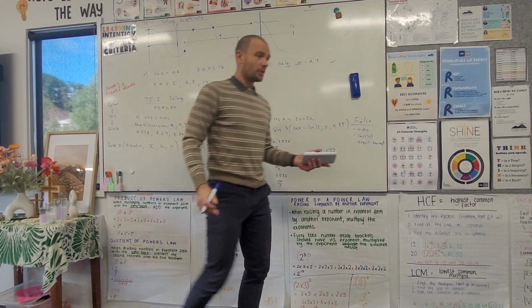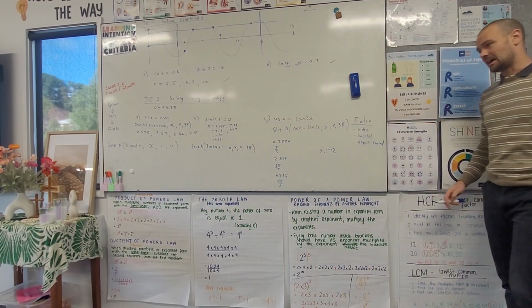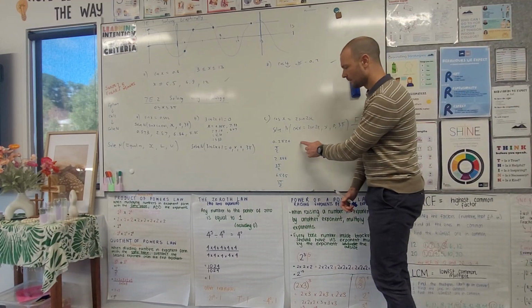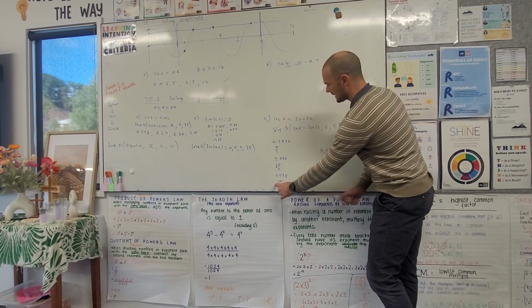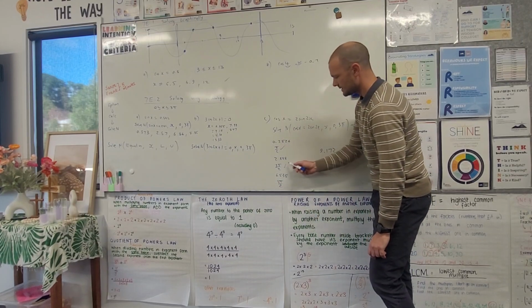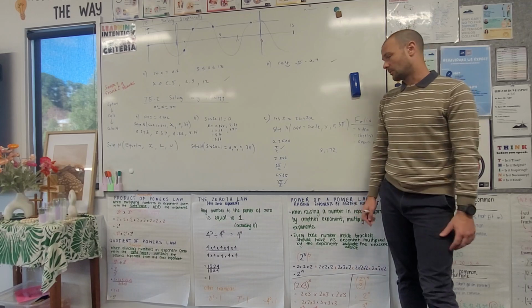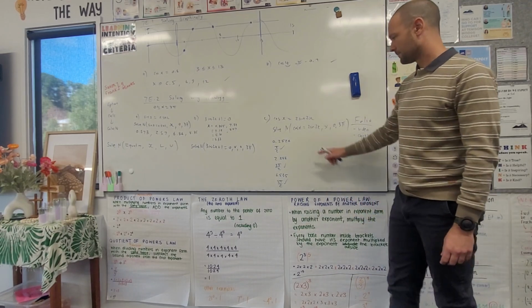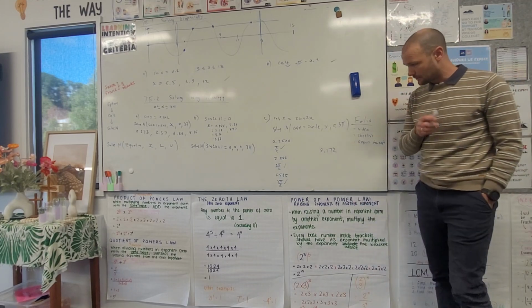Okay, so for all of them, I'm going to talk to these about how we're rounding our answers. For all of them, I've written 4 figures, except these ones. These are what we call exact form, so we'll leave those as they are. Sometimes our calculator will give it to us in exact form. Sometimes if it has an irrational answer, it can't process it in exact form, so we just write it to 3 significant figures.